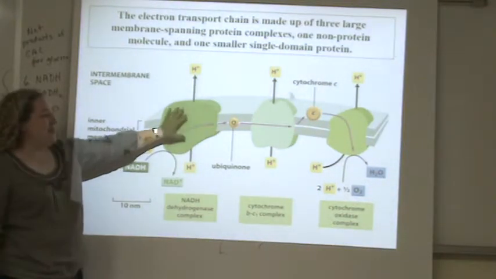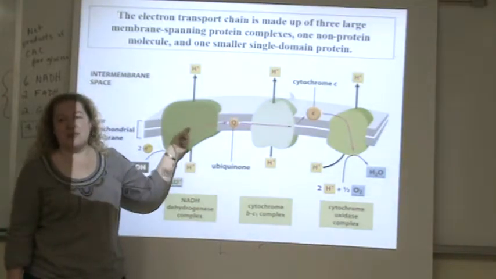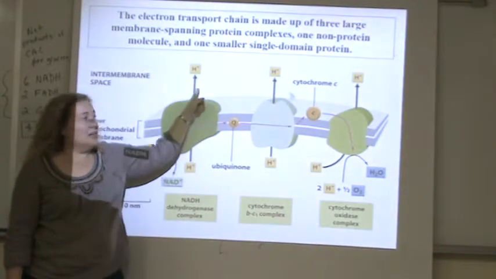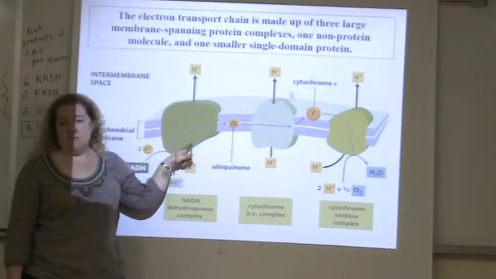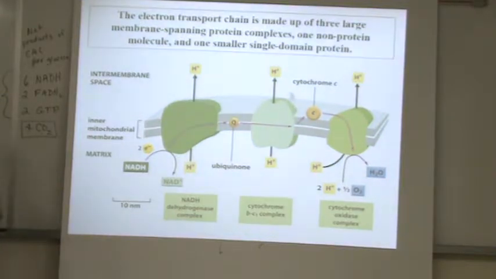So we have the big green blobs. Those are actually the ones that pump protons. They span both membranes. There are 3 of those. The first one's called NADH dehydrogenase.